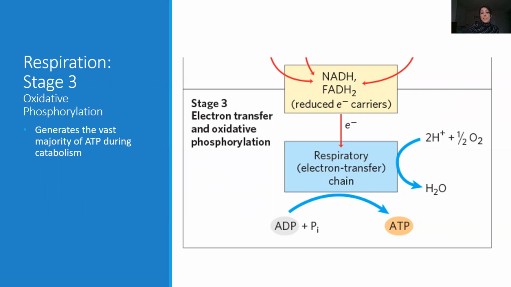Here we're going to take these electron carriers, and this is the portion that generates the majority of ATP in our catabolic processes. It is going to use movement of electrons to actually drive the synthesis of ATP. So this is just a grand overview. We'll be going into all these stages in detail.